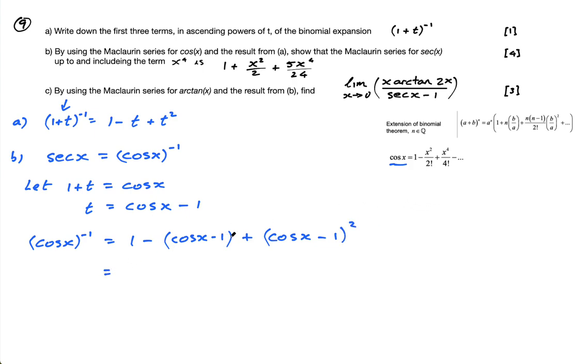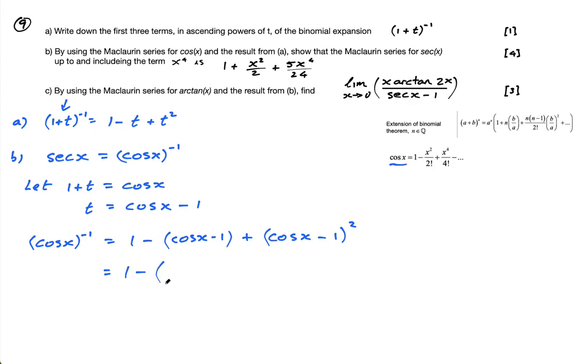Okay, but he wants me to show this, so I'm going to change my cos x into this, and I can just stop after the first 3 terms.